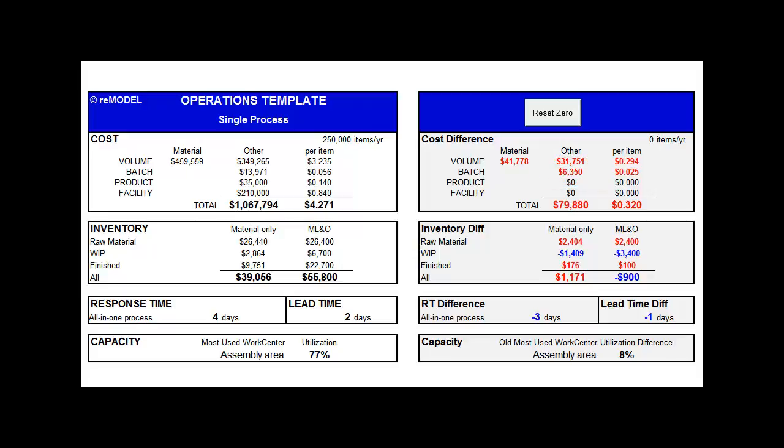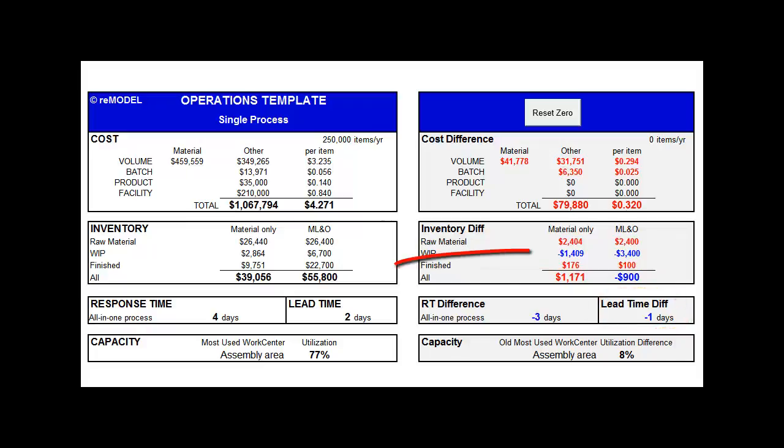And then looking at the raw material, that number goes up because raw material is measured in days quantity, not units. So because we're using more material to make the same amount of output, the same number of days worth means there's more material. So the raw material stock goes up slightly, whereas work in progress goes down because we spend less time to process all the batch, which is why lead time goes down by a day.